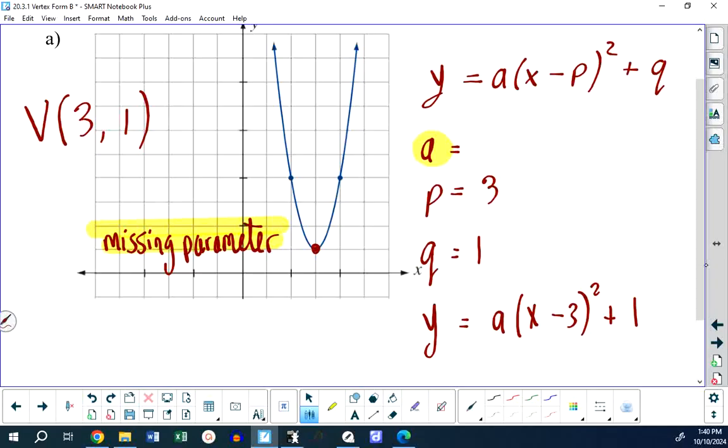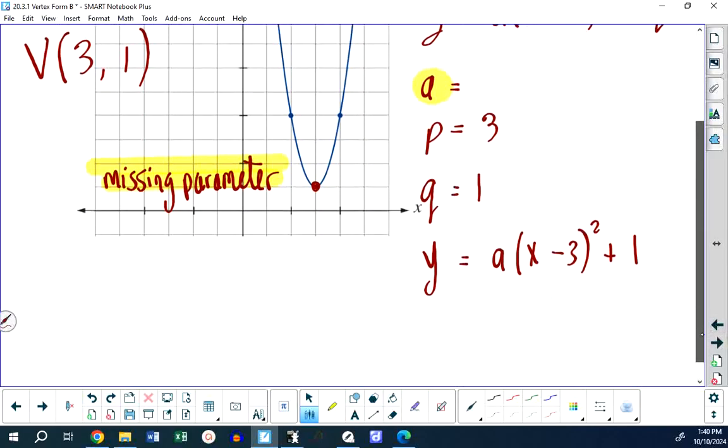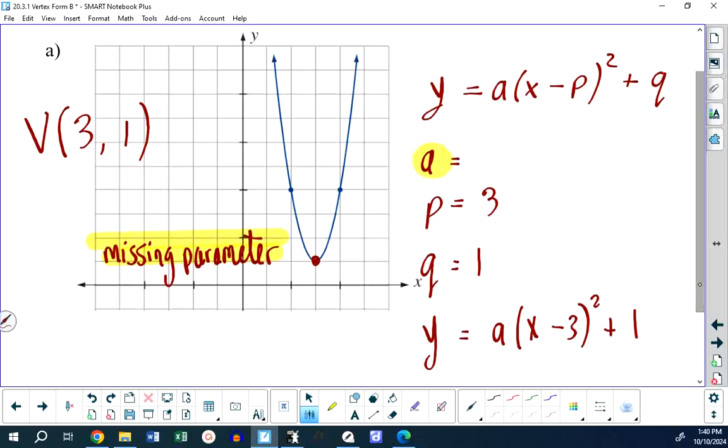Do you see the parallel here, everybody, between this that I've just written and this? It's an equation that has x and y and a missing parameter. So how do you think we can find the value of a using this equation?